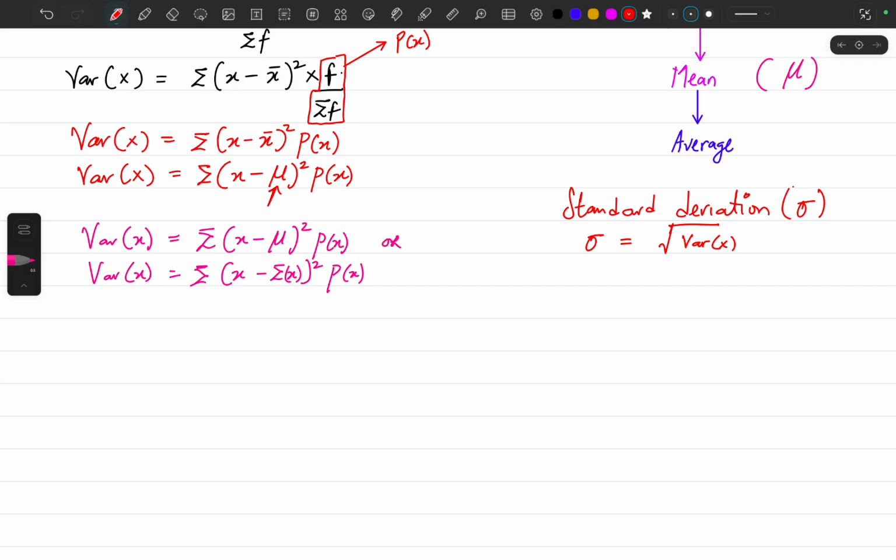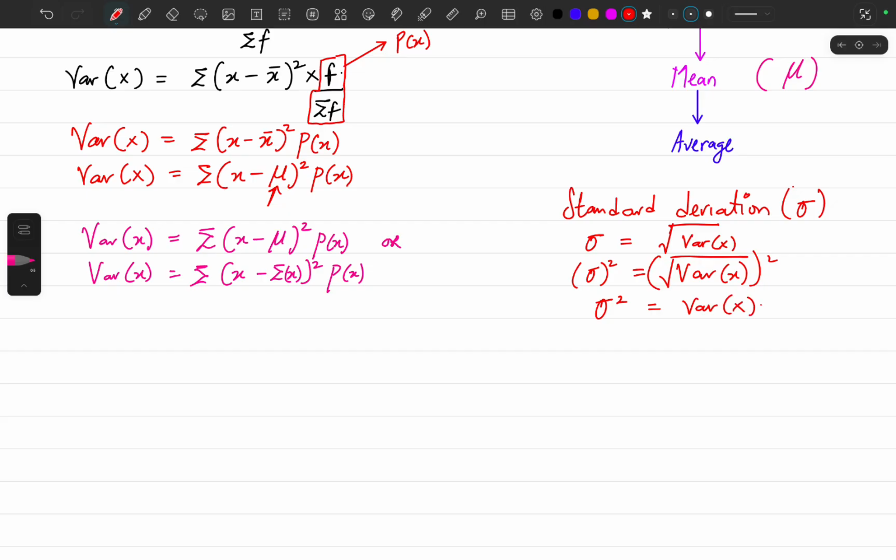If I need a new symbol for variance, I can square both sides. That will be standard deviation square equals the variance of x squared root all square, and this will give me the standard deviation square equal to the variance of x.